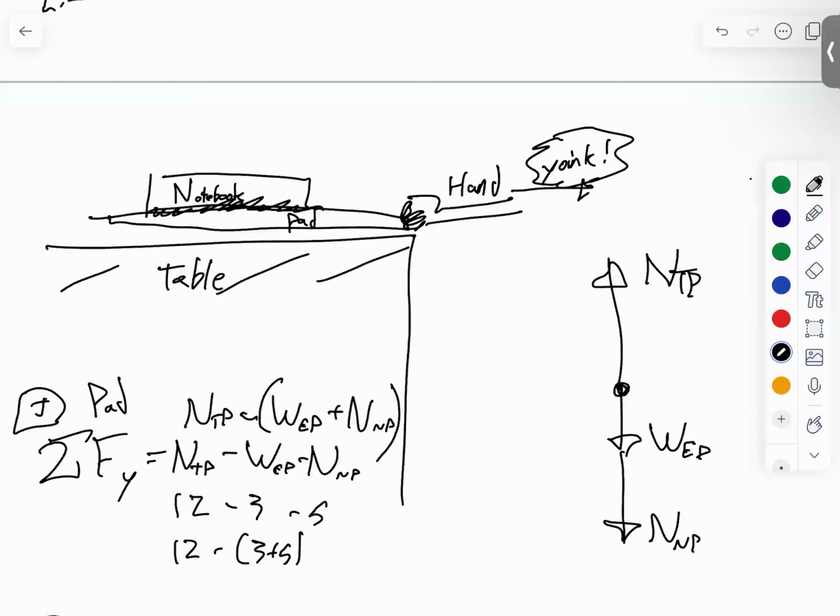I'm saying the table is slippery, and I want you to write me an algebraic expression for the net force in the horizontal direction involving those two components. The pad is what I'm talking about now. I'm talking about your pad. All about the pad.